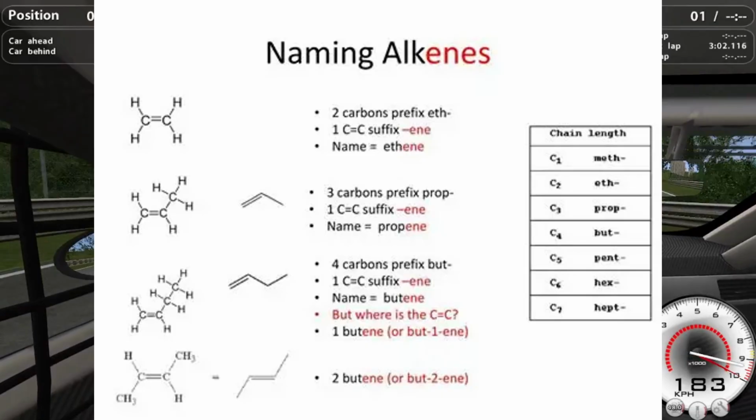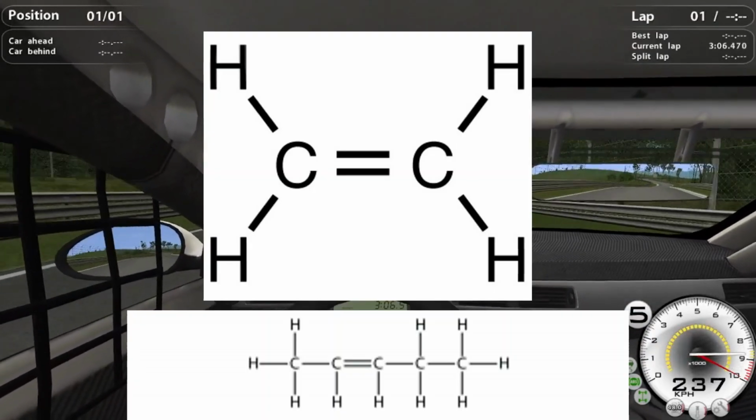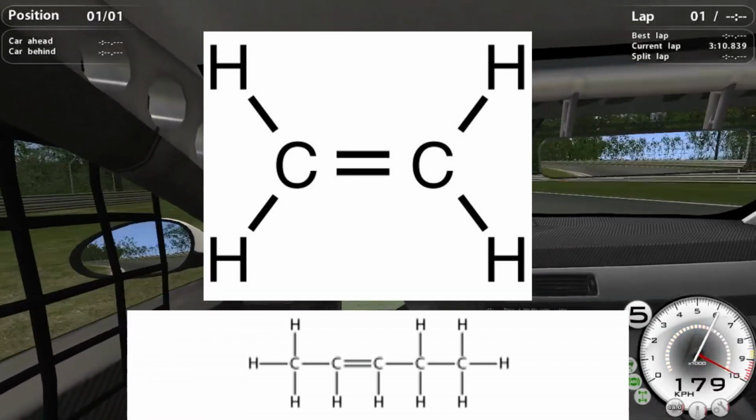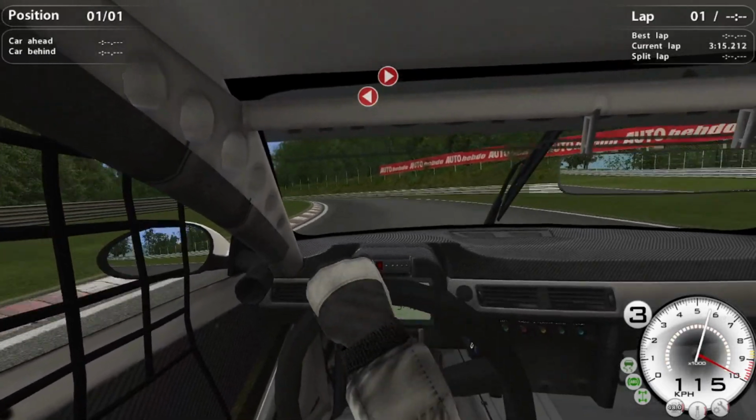That's the slight difference when it comes to these, right? So we're gonna have two examples: ethene and pent-2-ene. So notice where the double bond is in the pent-2-ene, right?